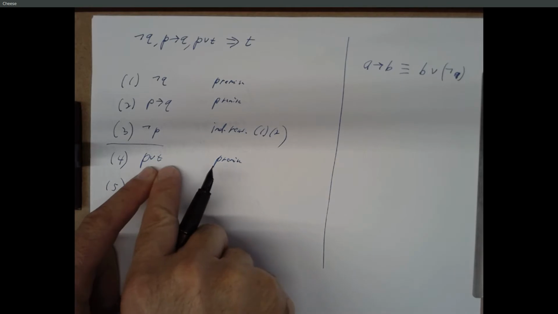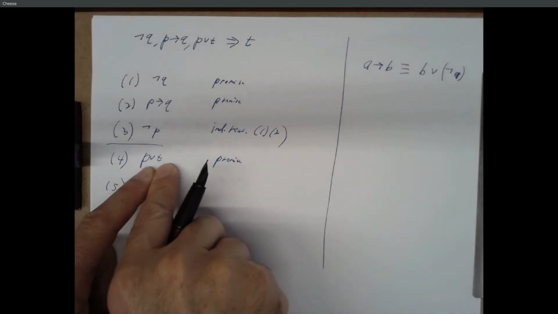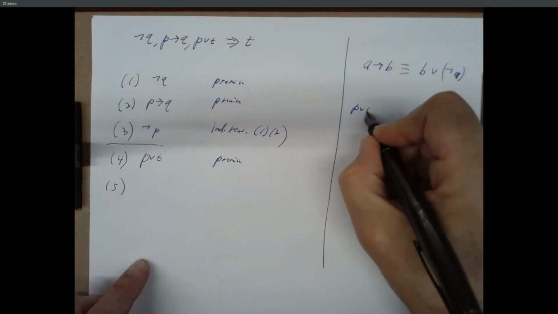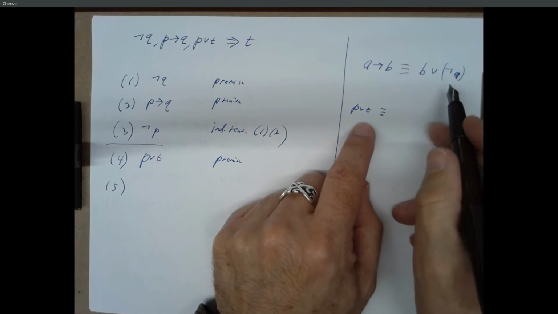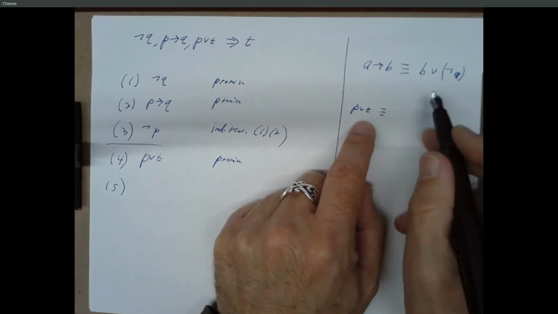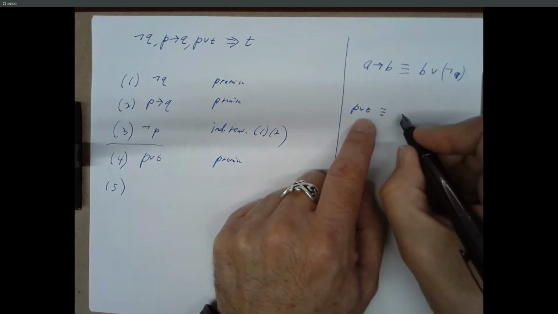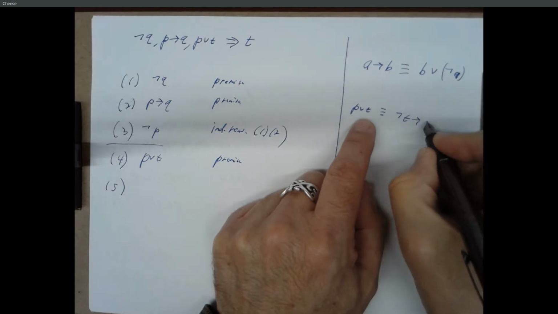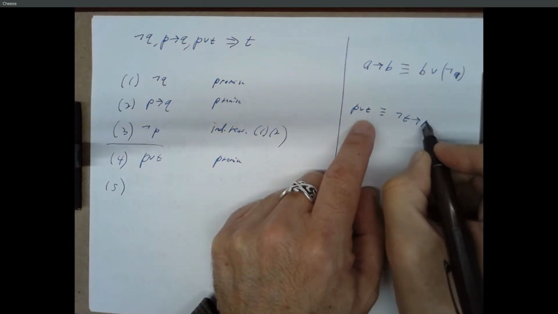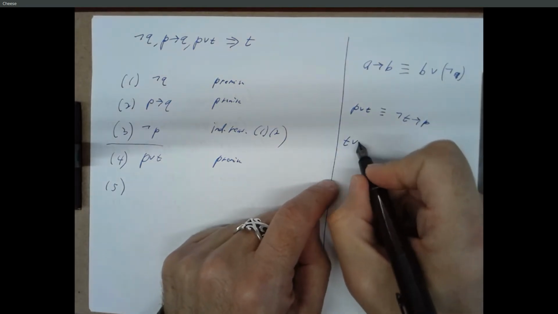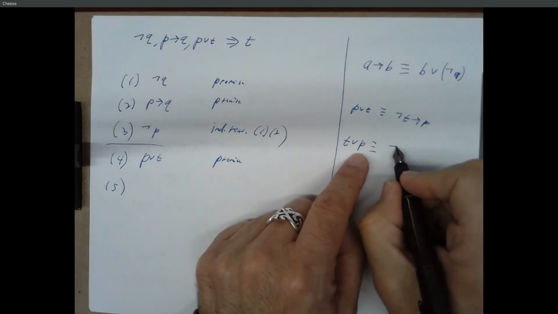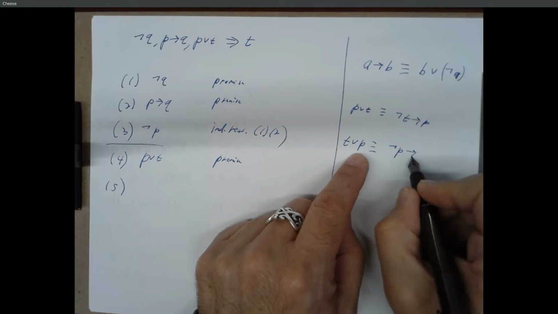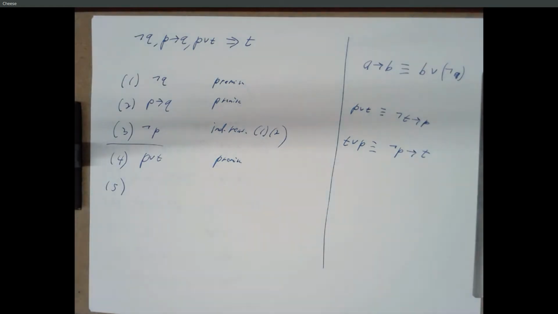Since we have an or of two things, since we have P or T, we could say that's logically equivalent to the negation of the second thing implies the first thing.